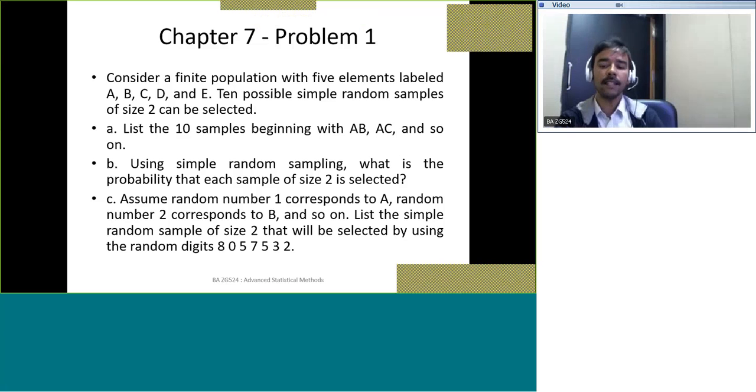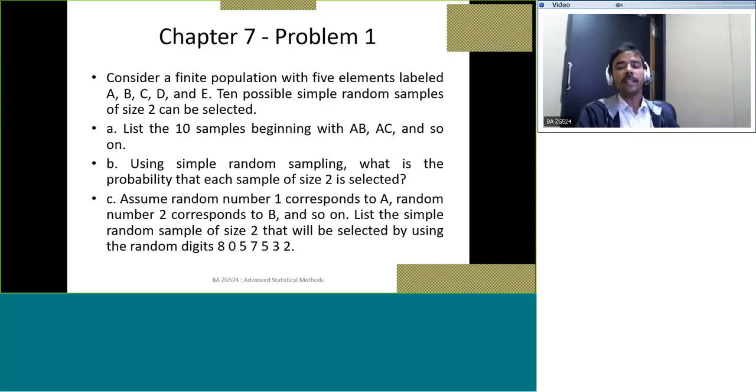List the simple random sample of size 2 that will be selected by using the random digits.